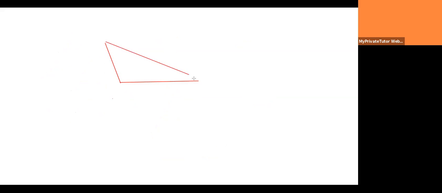Can you please tell me, how can you find the height of this triangle? I'm just assuming this is a scalene triangle. Let's say this is 4 centimeters, this is 7 centimeters, this is 8 centimeters. So please tell me now, how can you find the area?